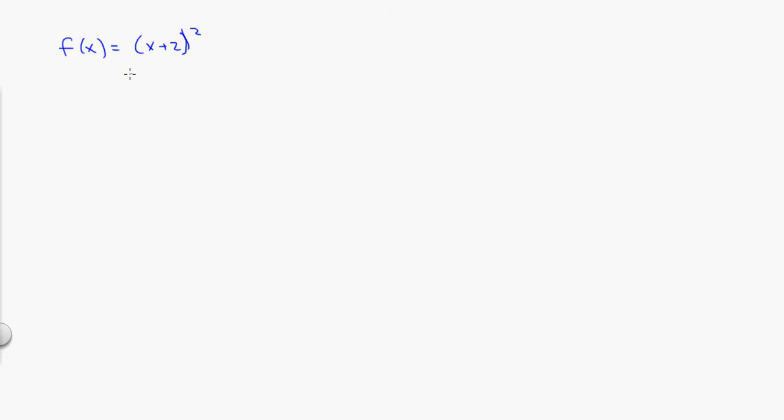So y equals x plus 2 squared. I want to solve for x, so I'll take the square root of both sides. Square root of y equals x plus 2, because if I take the square root of this side, it gets rid of that squared. And then subtract the 2. Square root of y minus 2 equals x. So x equals the square root of y minus 2.